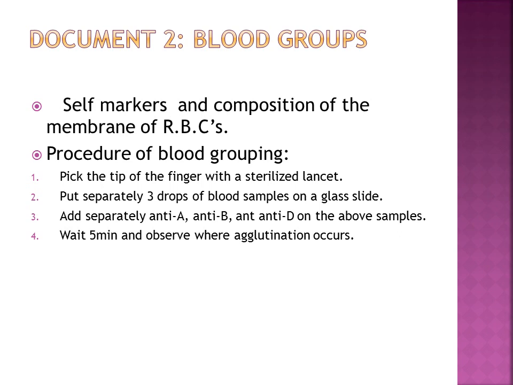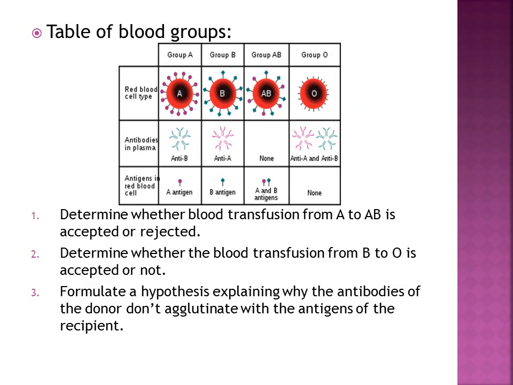How do we know if a blood transfusion is accepted or rejected? Okay, we look at the antibody of the recipient and the antigen of the donor. Here is a table of blood groups.